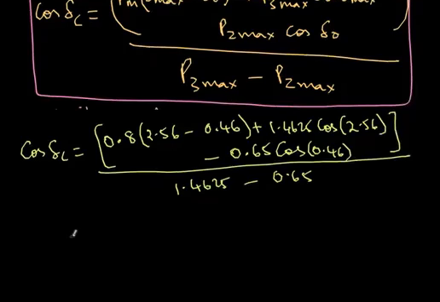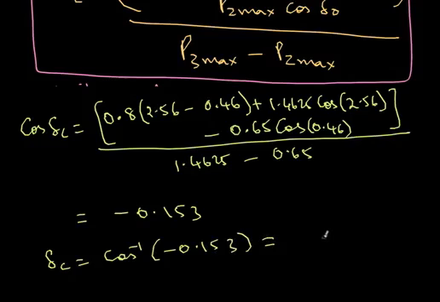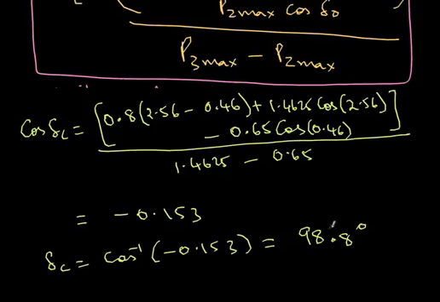If you calculate this, the answer turns out to be minus 0.153. And then from that, this is cos inverse of minus 0.153. So that will be 98.8 degrees. So this is the critical clearing angle.